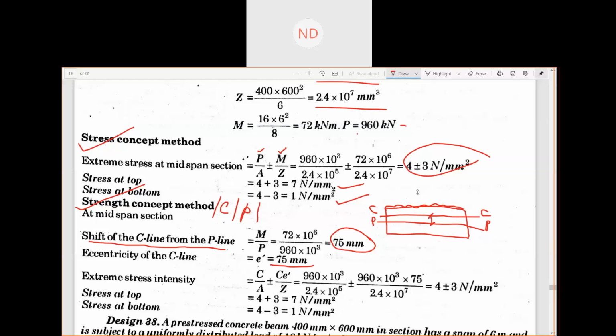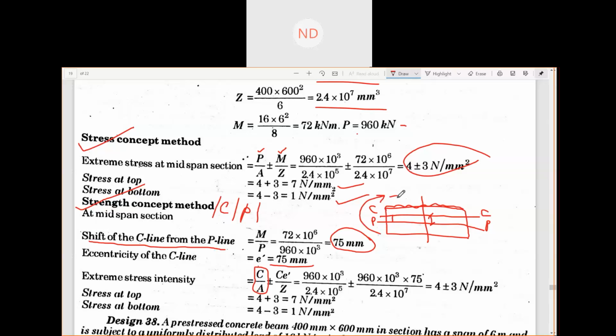Now the stresses at the mid span will be how much? We know it is a direct stress due to this P, that is C by A, the direct stress C by A, plus minus, since your eccentricity is here and the C line is above the CG, your moment will be this way.